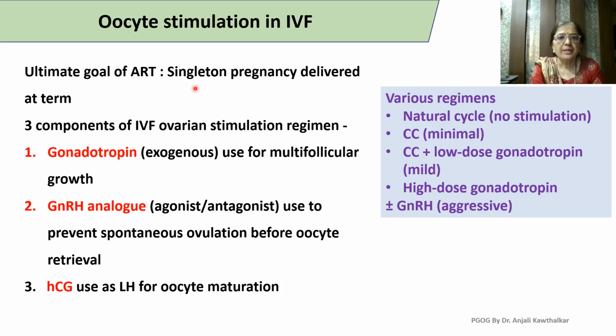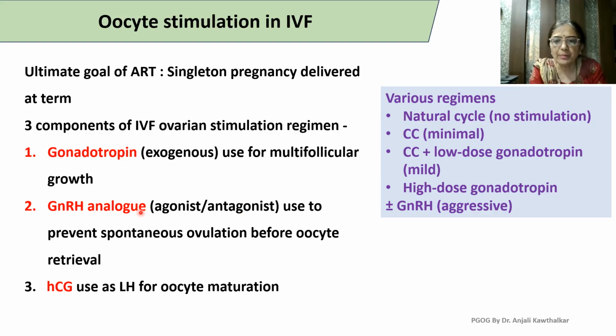The ultimate goal of ART is to have a singleton pregnancy delivered at term where the mother and the baby both are healthy. There are three components of IVF ovarian stimulation. First is the use of gonadotropin for multifollicular development. Second is the use of GnRH analog. Analog includes agonist or antagonist.